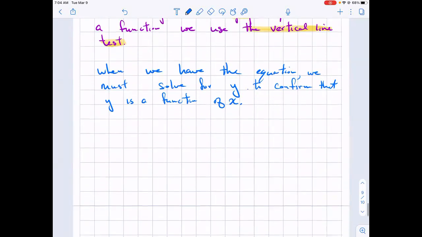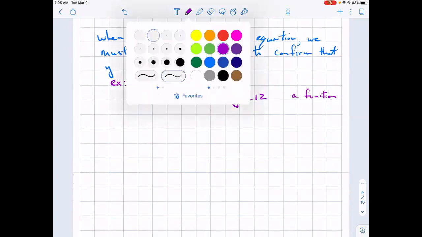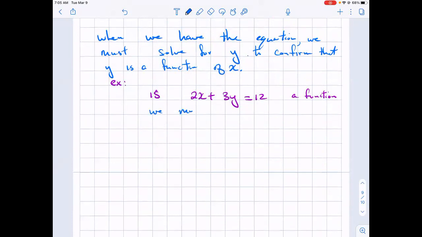Okay, so for example, is 2x plus 3y equals 12 a function? And what we do here, we must solve for y. Well, I shouldn't say a function, I have to say a function of x.